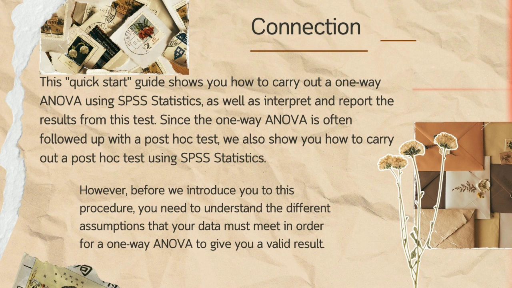Since the one-way ANOVA is often followed up with a post hoc test, we also show you how to carry out a post hoc test using SPSS Statistics. However, before we introduce you to this procedure, you need to understand the different assumptions that your data must meet in order for a one-way ANOVA to give you a valid result.